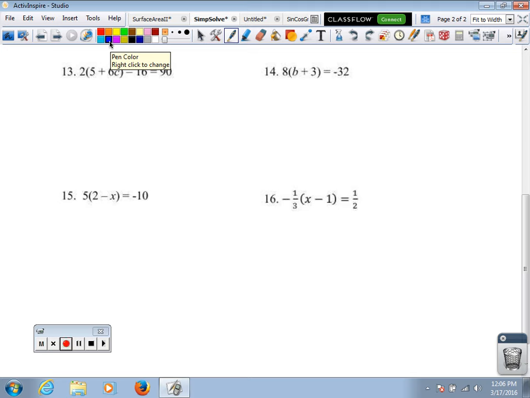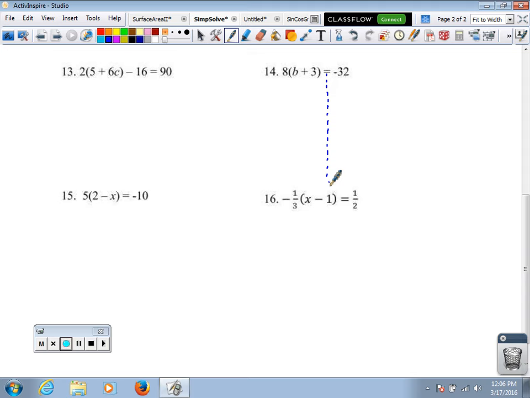Willow? Before that, just to try to keep it organized. Very good. We want that vertical line down from the equal sign. Now, if you have trouble with the dotted line, solid line's fine. But you want that vertical line through the equal sign to help keep your work organized, help separate left side from right.